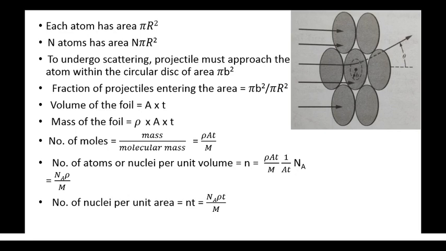And here we are going to calculate the number of atoms or nuclei per unit volume. That means in a unit volume, how many atoms will be there?